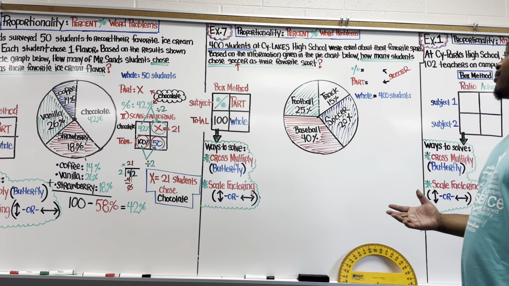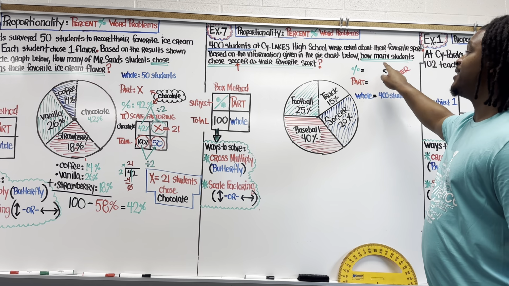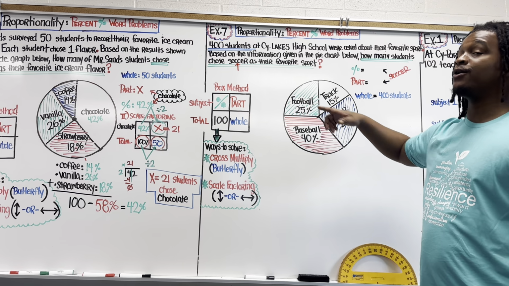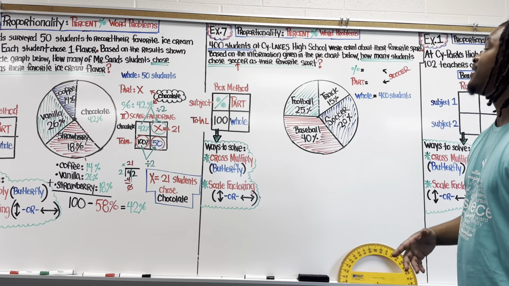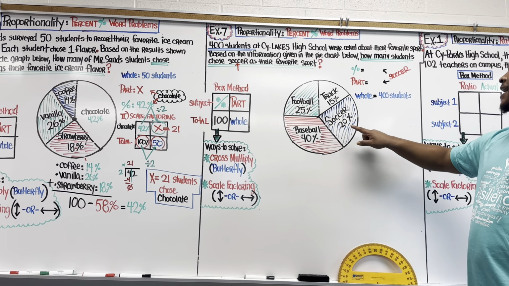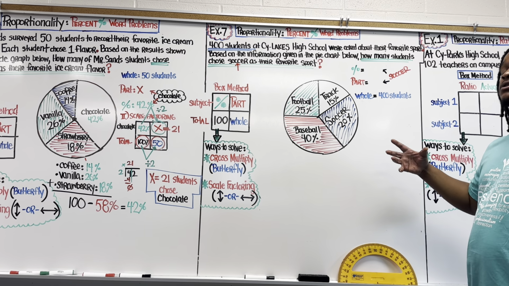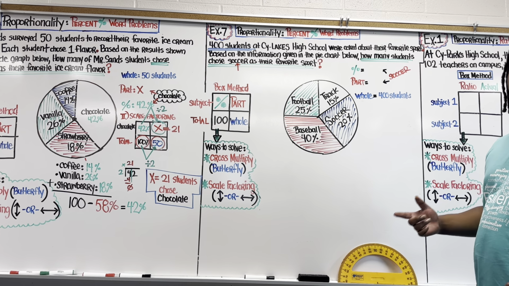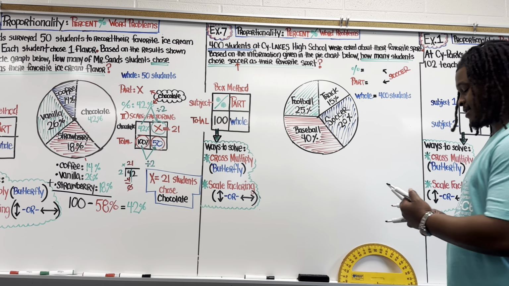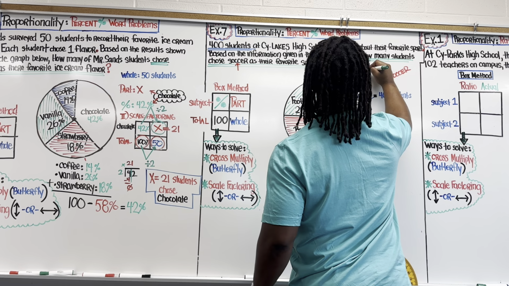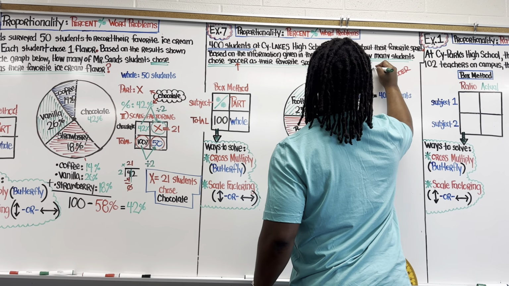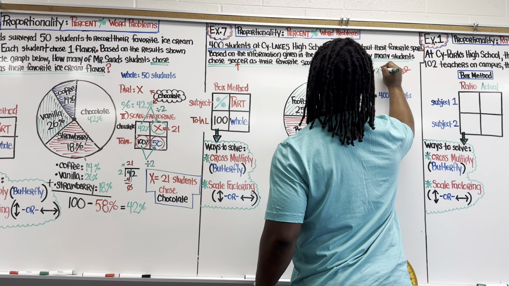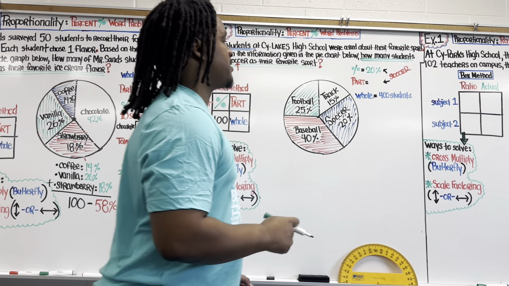Now, in this particular problem, guys, we don't know how many students chose soccer yet, right? We don't know the actual amount, but based on this pie chart, they gave us the percentage of the students that chose soccer as their favorite sport, which is 20%. So we're gonna put 20% there.